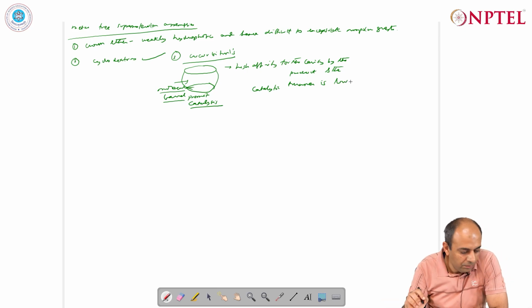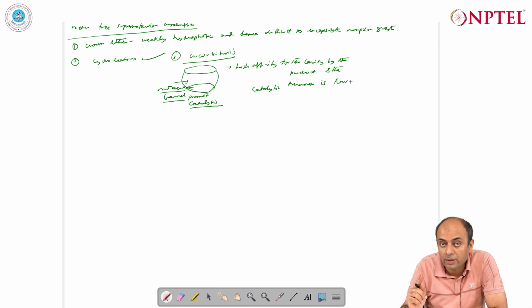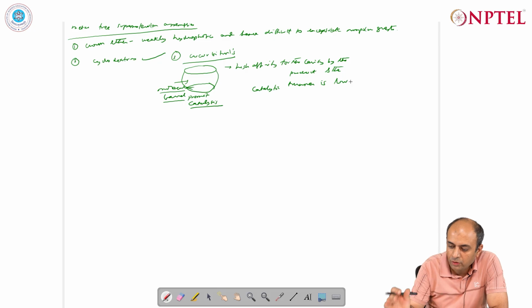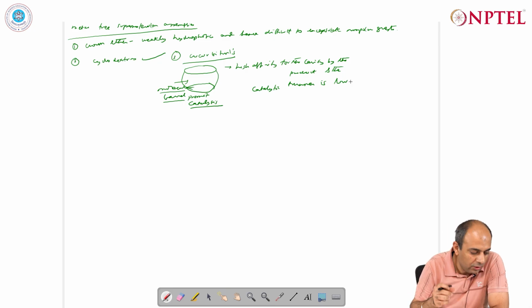So, it is also important that when you perform supramolecular catalysis, you have high turnover numbers. The catalytic efficiency is high. You are able to repeat this procedure a large number of times without the catalyst undergoing degradation or decomposition. So, catalytic turnover is low, and also the product inhibition is more because it binds with the cucurbiturils strongly.